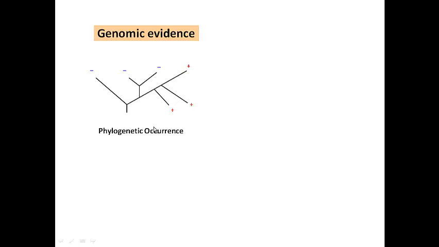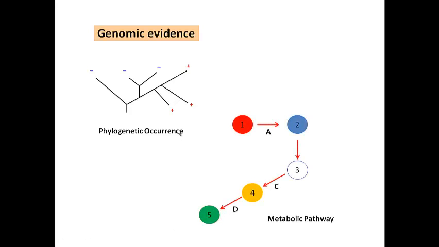The idea is that if this is a biochemical pathway and these three branches of the phylogenetic tree have the pathway and these two don't, or these three don't, then all the enzymes associated with that pathway should be here and all of them should be absent there. It's an oversimplification, but that's the principle.